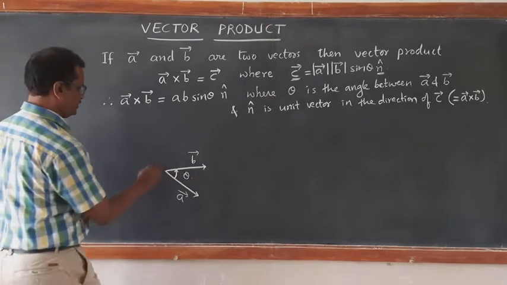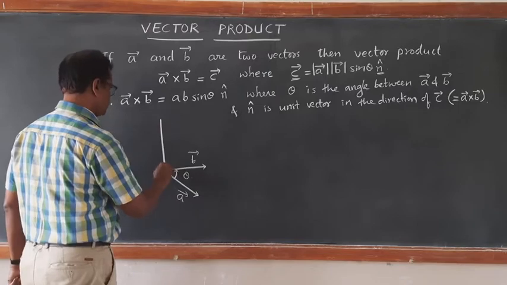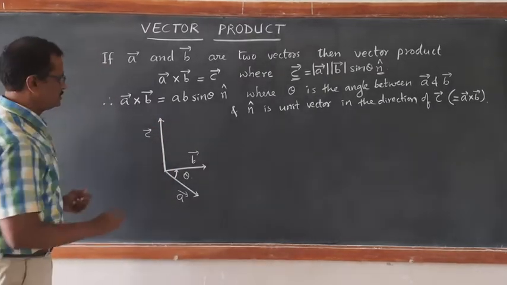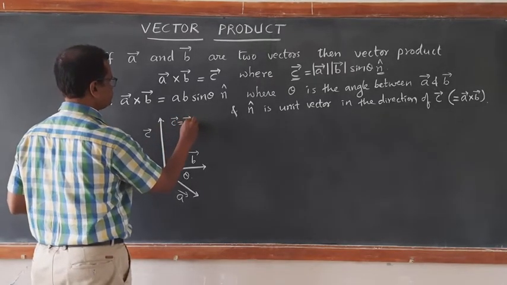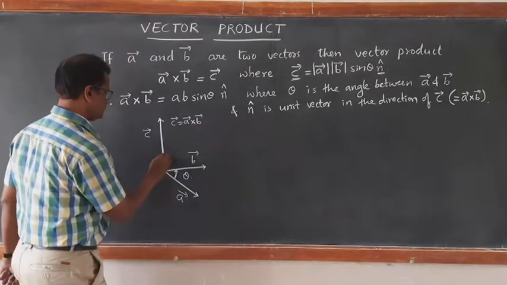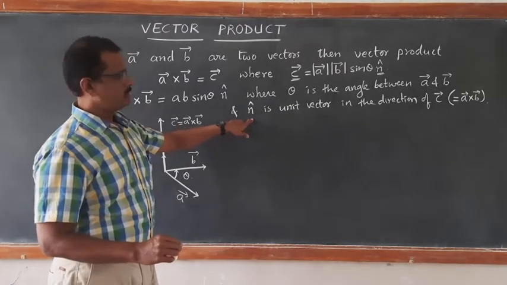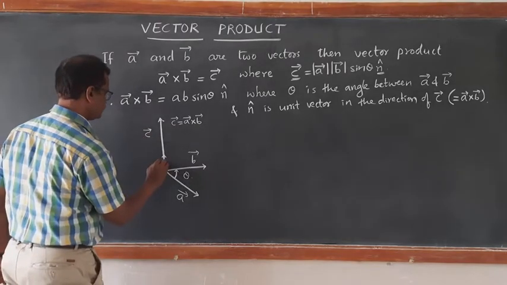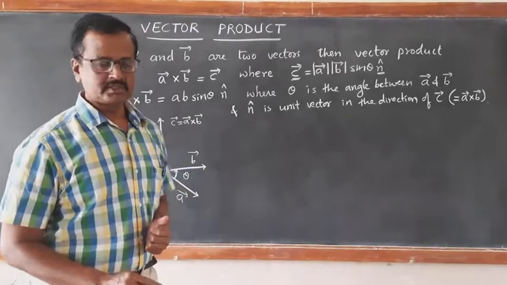Then A cross B is perpendicular to both A and B. This is vector C. This vector C is A cross B. And the unit vector n is of magnitude 1 in the direction of C. So this represents the direction of the vector product.